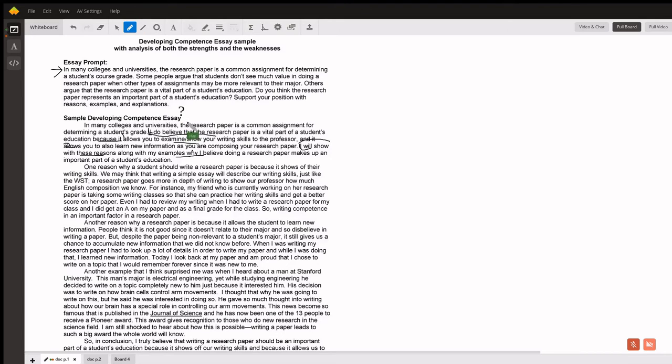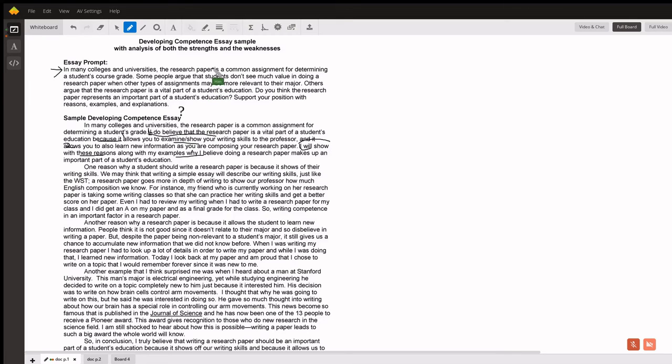When you're writing, that is the one weakness. So the passage fails to score at the competence level, right? Paraphrasing is something to show that you are fluent, or using synonyms. So instead of saying research paper again and again and again, can you think of a synonym for research paper?